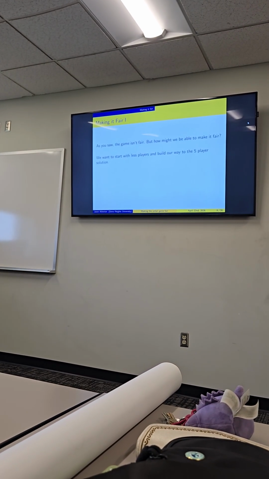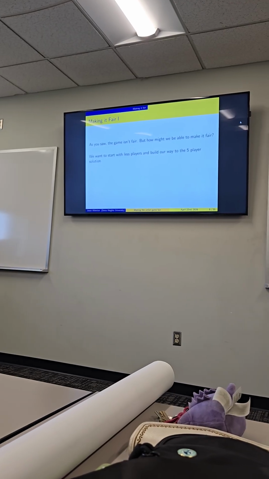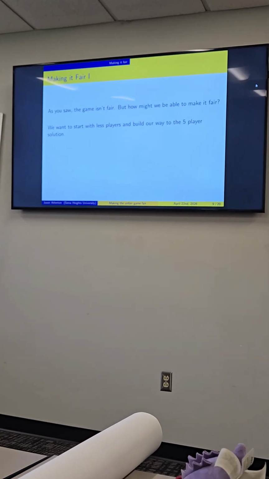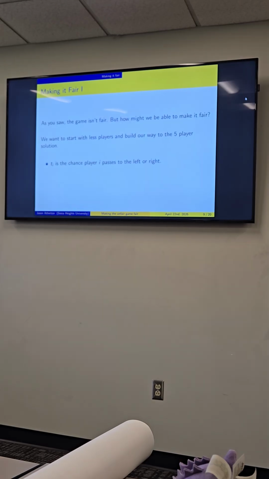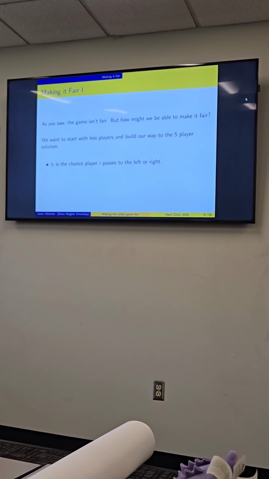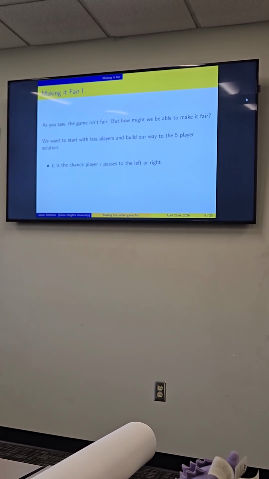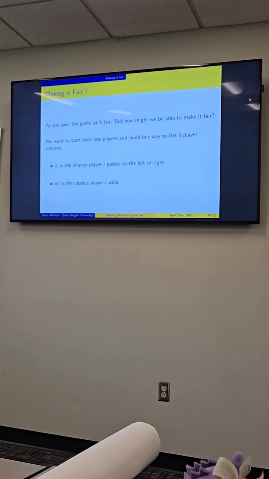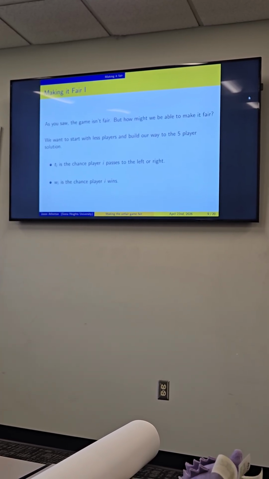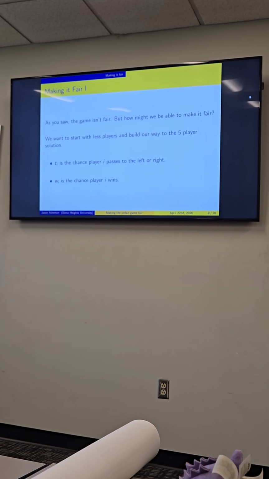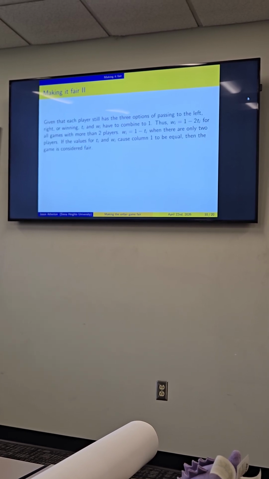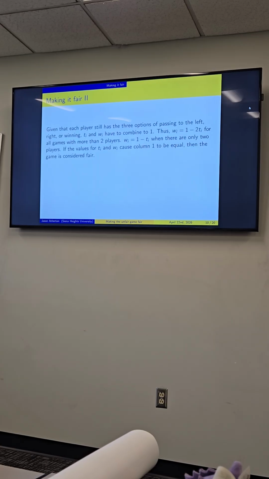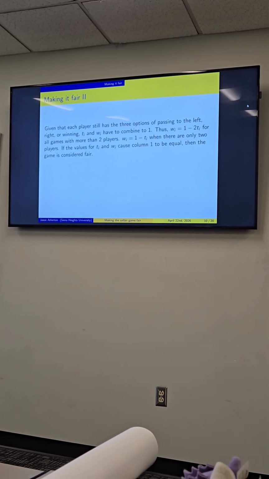So we want to start small and build up our problem to the highest capacity we can. We want to look at T_i as the passing chance that player i passes to the left or to the right. And we want to look at W_i as the probability of player i winning. So given that each player still has the 3 options, we want to keep that in mind.